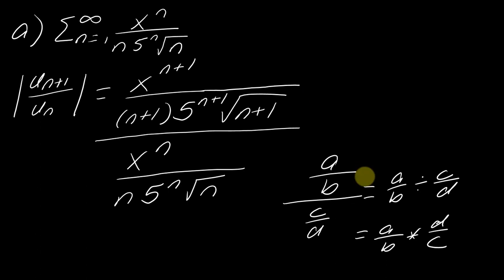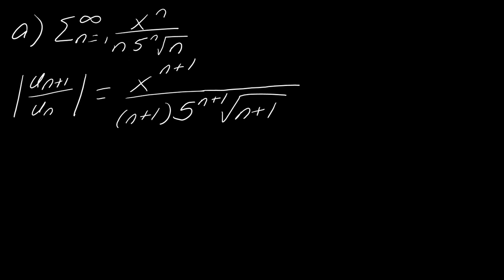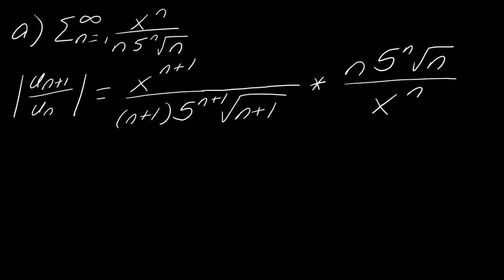That's what I'm going to do for all of these because this is taking up too much space. So let me clear some space. We'll just multiply by the reciprocal of the nth term. Okay, so here's everything. And once you get to this point, now it's just algebra.